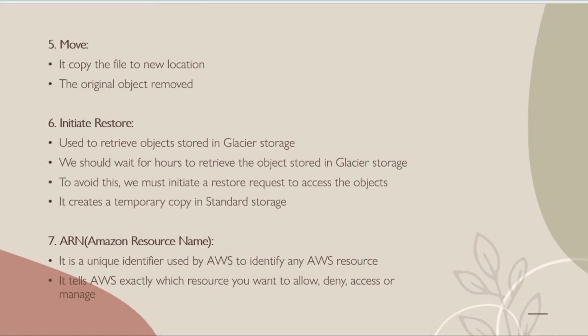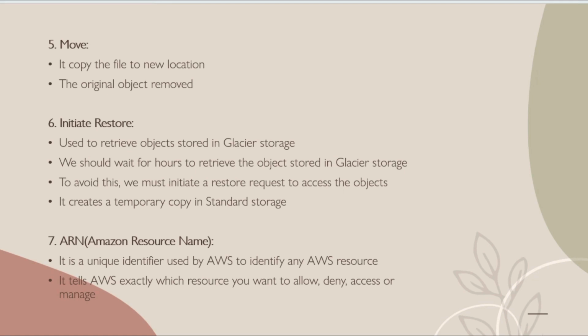And the next property is ARN. ARN is Amazon Resource Name, which is like a unique address for the AWS resources, and it is used to give permission in IAM policies like allow or deny access, and it is used by the bucket policies also.